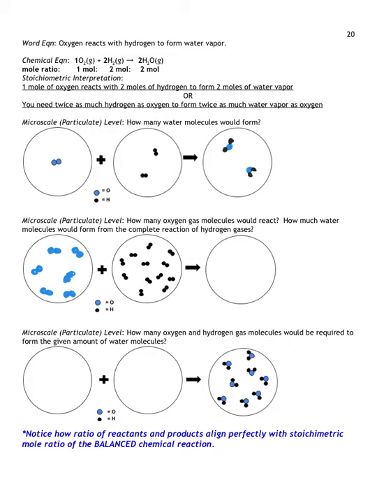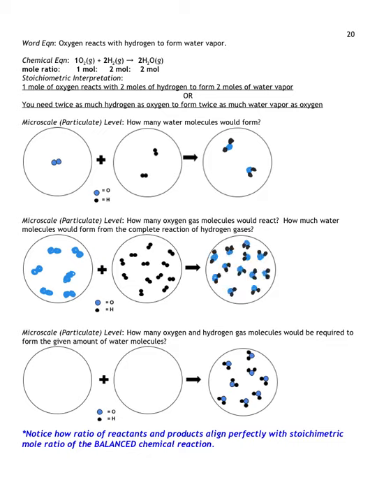The next question is how much water would form from the complete reaction of the hydrogen gas molecules. And we know here that if you have 12, the same amount of water is going to form because it's a 2-to-2 ratio here. So I'm going to draw 12 water molecules. And be patient with me. I'll pause it and draw it, and then you'll be able to see the answer in the end.